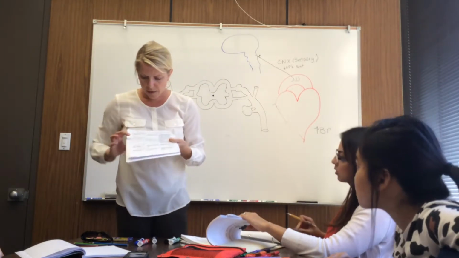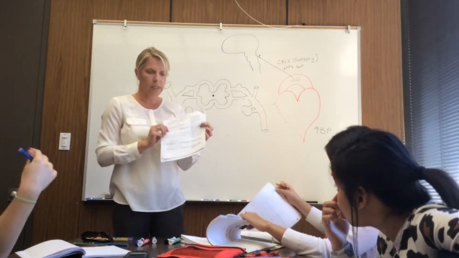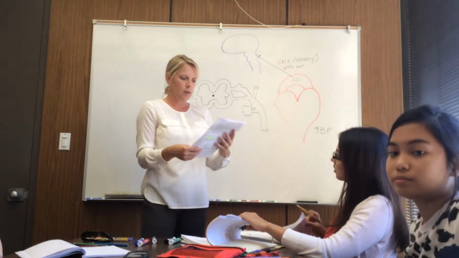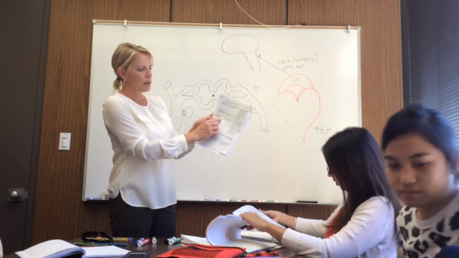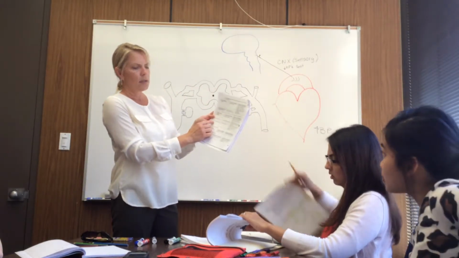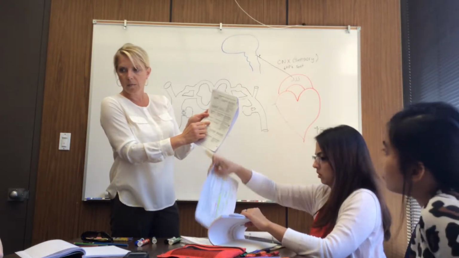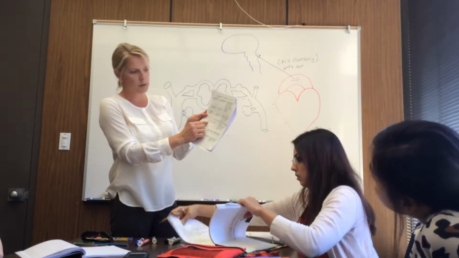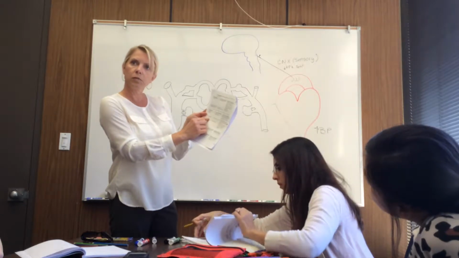And on the very back sheet it says cranial nerve 10, the vagus. And you'll notice it has afferent, efferent to somatic motor or skeletal muscle, but also visceral motor.